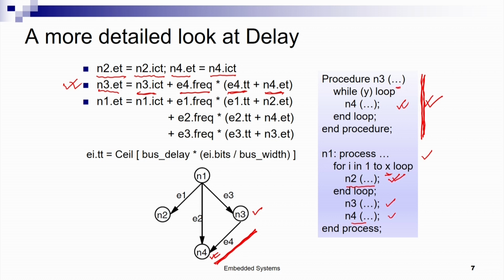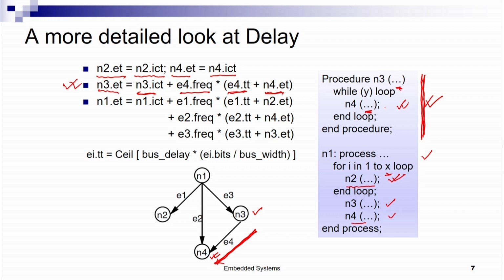So, N3 does something and then it passes arguments to N4. These arguments are data, and when it passes them, it is essentially a data transfer from N3 to N4. And each time N4 executes, this data is passed from N3 to N4.